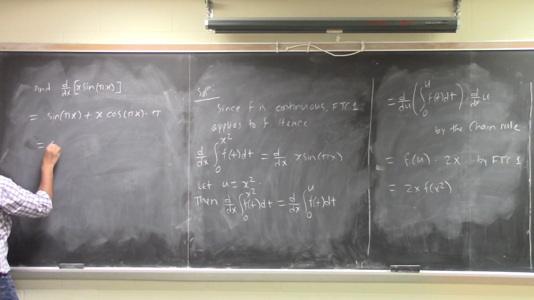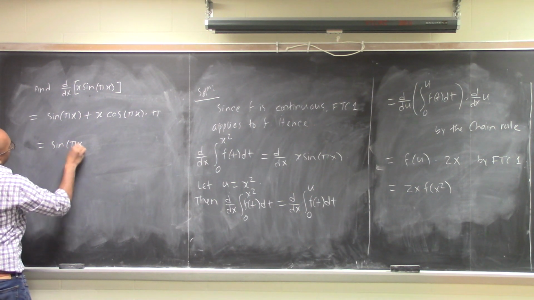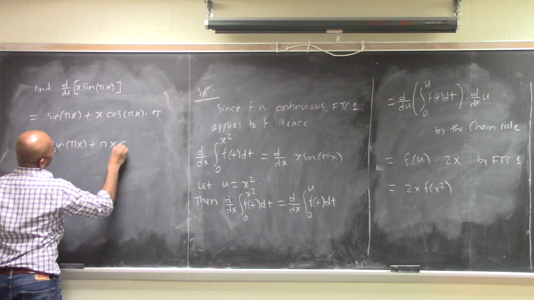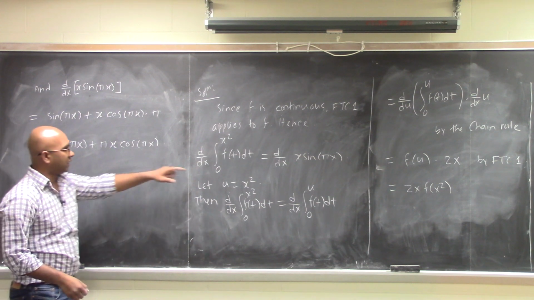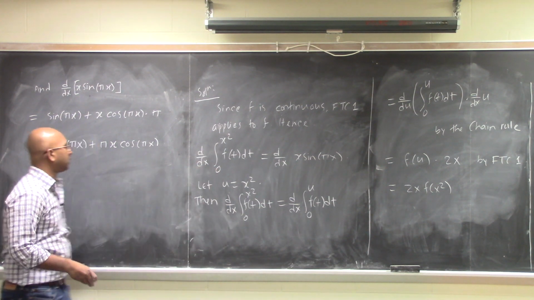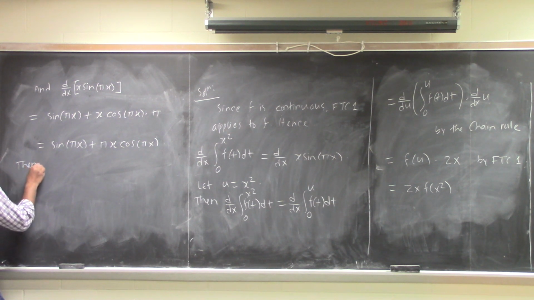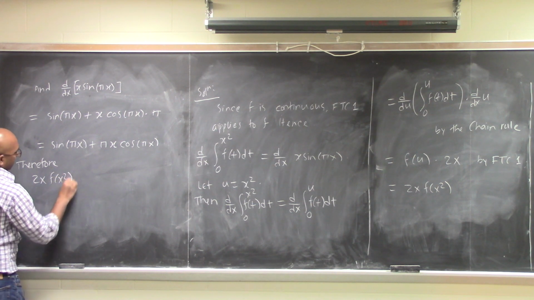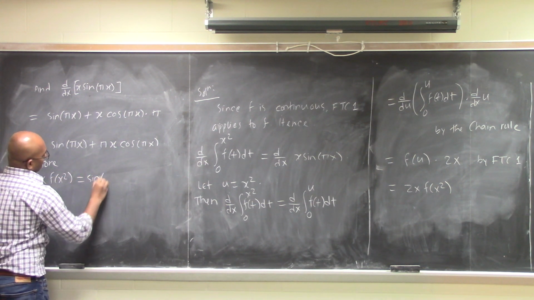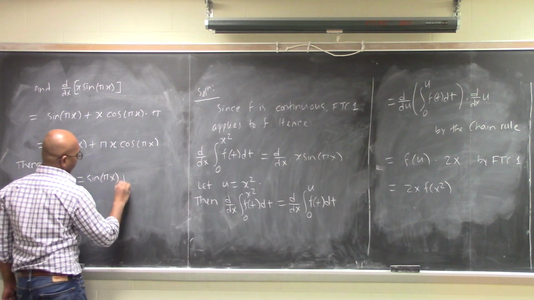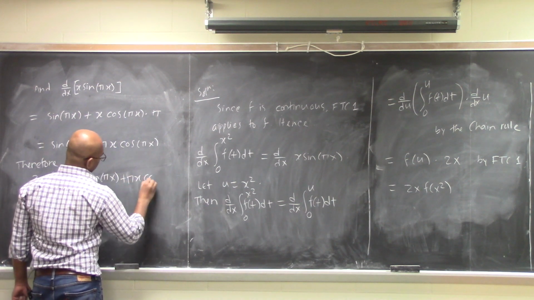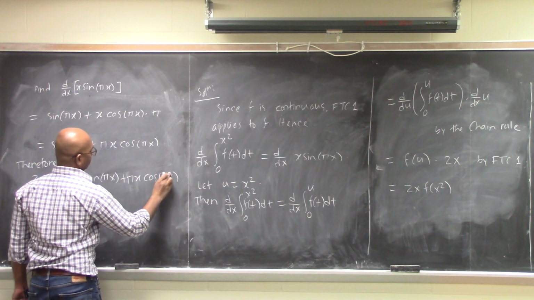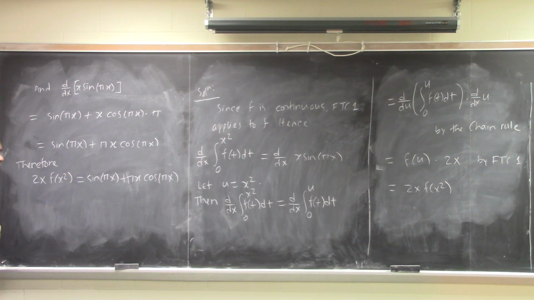So this is sine pi of x plus pi x times cosine pi of x. Okay? And you just plug in those values. Therefore, what do you get? 2x f of x squared equals sine pi times x plus x times pi x times cosine of pi of x. Okay. But what were you looking for?